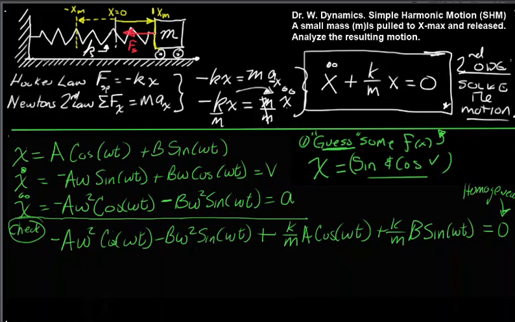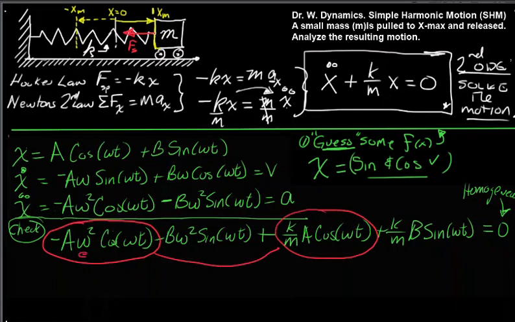So what's required for this to work? Well, if we look, this term and this term will subtract out if omega squared is equal to k over m.